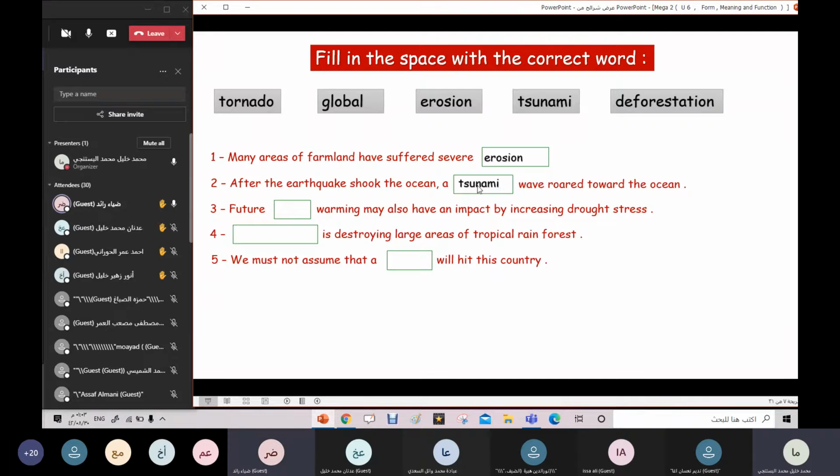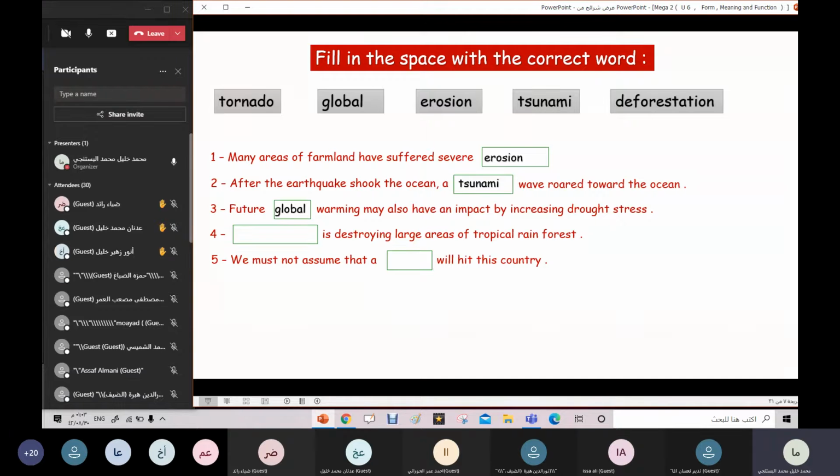After the earthquake shook the ocean, a tsunami wave roared toward the coast. Good. Next, future global warming may also have an impact by increasing drought stress.